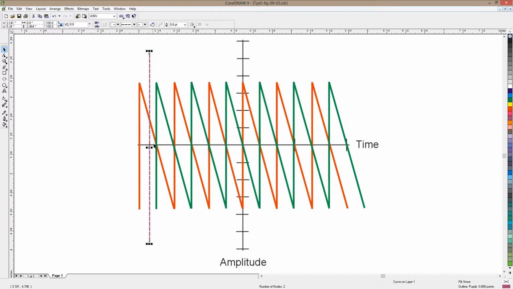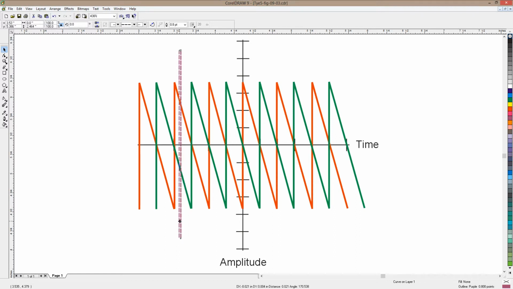Let's move along a little bit here and see what happens. Now, notice the two waves do not exactly cancel because the red wave intersects this vertical line somewhere above the axis. This other wave, though, will also intersect. Let's move a little further along and check it out. Okay, I stand corrected. We have two different waves on opposite sides of the time axis, but they are not equidistant.